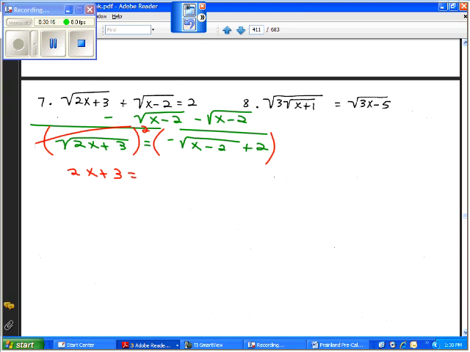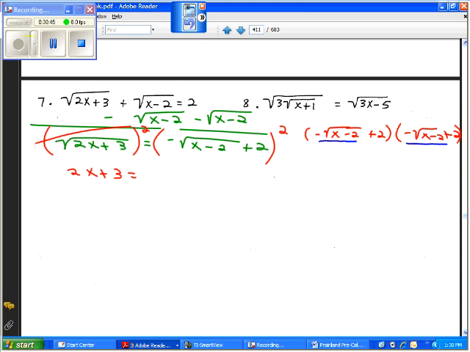Over there, we have to think of this as negative square root of x minus 2 plus 2, and I'm squaring that side, times itself. So we have to multiply all that out.